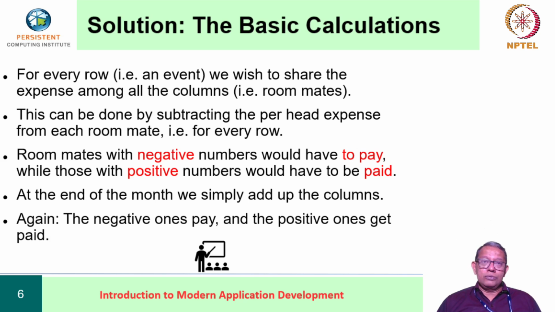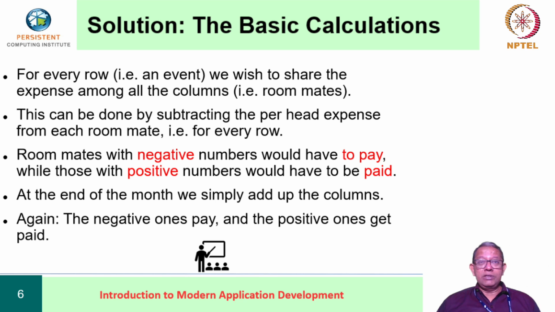For every row, we wish to share the expense amongst all the roommates, that is columns. This can be done by subtracting the per head share for each roommate from every roommate's current state of affairs.